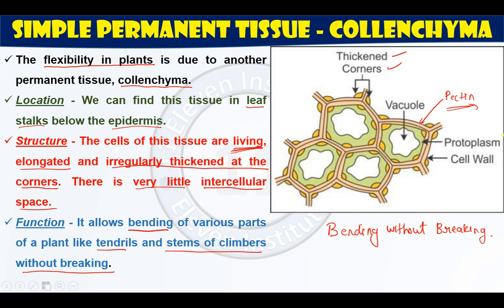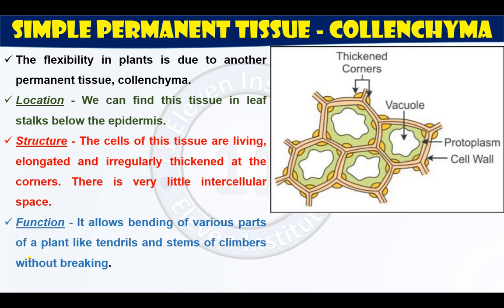Generally the cell wall of plants is made up of cellulose. Here, apart from cellulose, there is one more deposition, that is of pectin. Just remember this for differentiating between different types of simple permanent tissues. So again, I request you to please pause the video and write this much down in your CW.